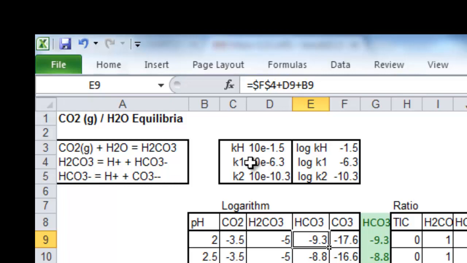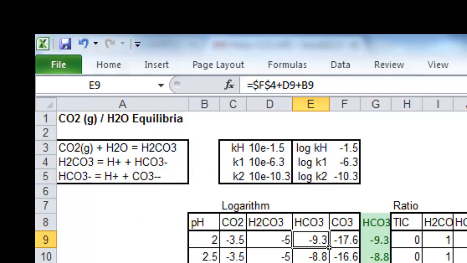Then if we take logarithms of both sides, so we have log HCO3 minus plus log of H plus minus, rather than dividing by, so minus the log H2CO3 equals the log equilibrium constant, which is minus 6.3.